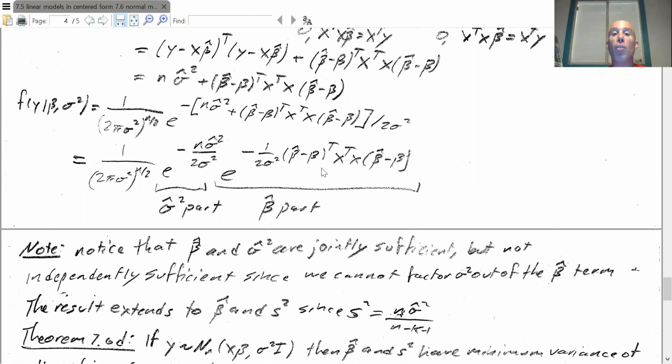If I was able to factor out the estimate and the parameter, then I would have independent sufficiency. But here I don't. They are jointly sufficient. That means that if I want to have sufficiency, I have to be taking them together. Now, if I want, I can naturally extend this to s squared just by rescaling sigma squared hat.